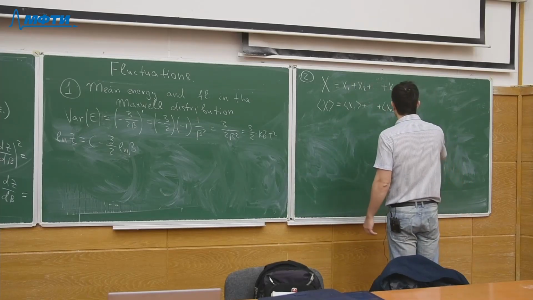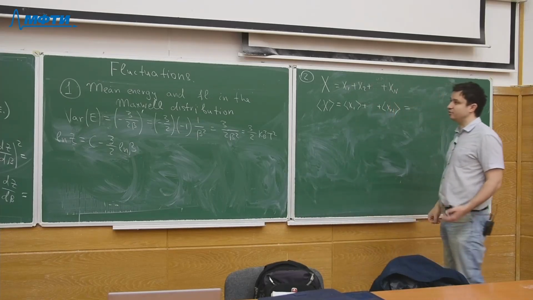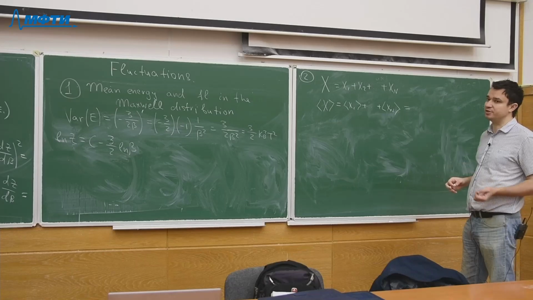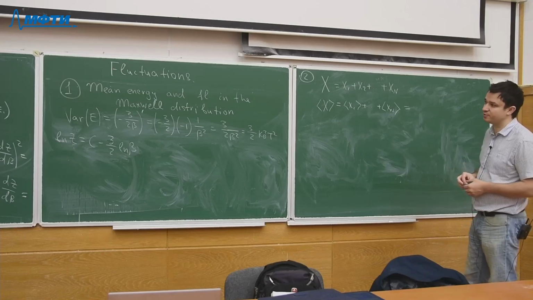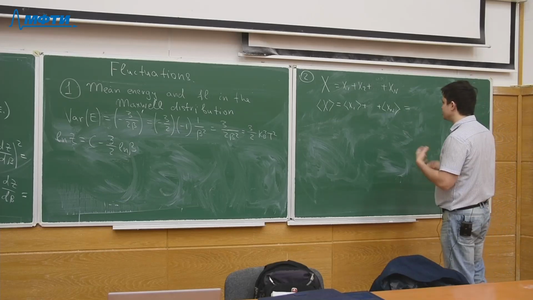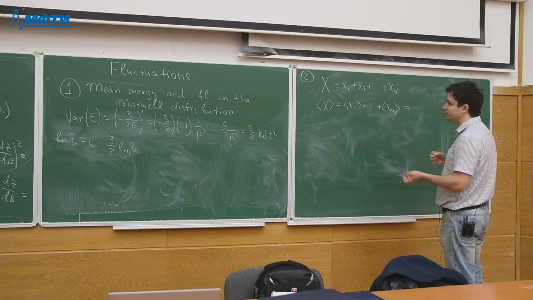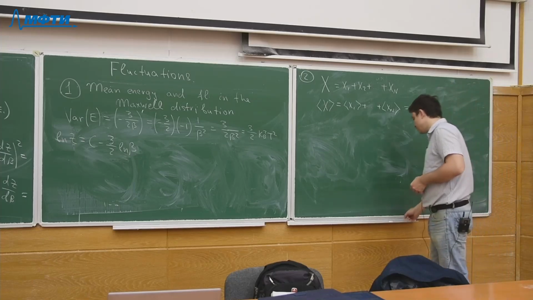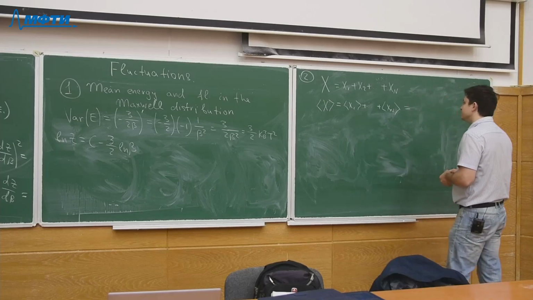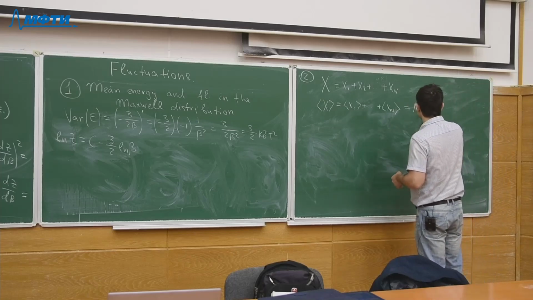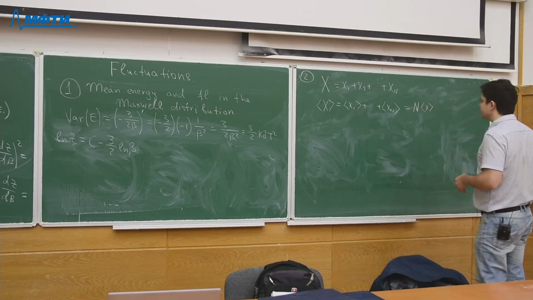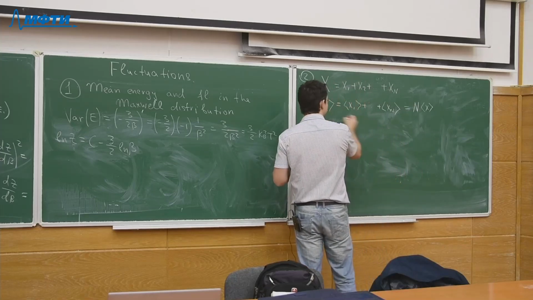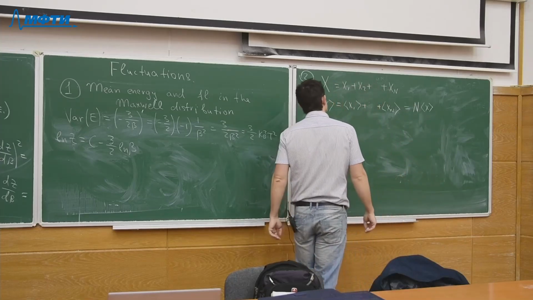Assuming that all of the particles are indistinguishable, all of these mean values are the same, and also assuming that these values are independent from each other, that the particles interact only weakly, all of the microscopic quantities are essentially independent random variables. So that gives me capital N times the microscopic variable. Please note that here I have capital X and here I have small x. That's the difference between them.